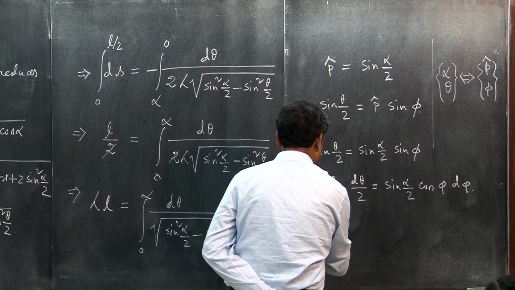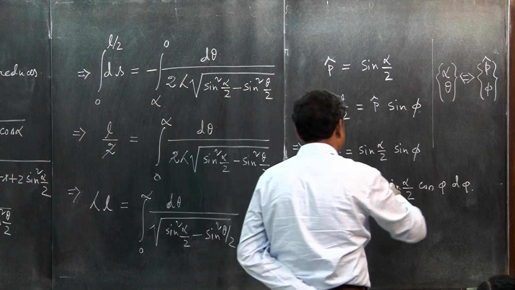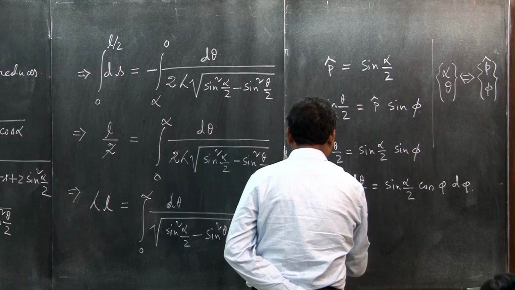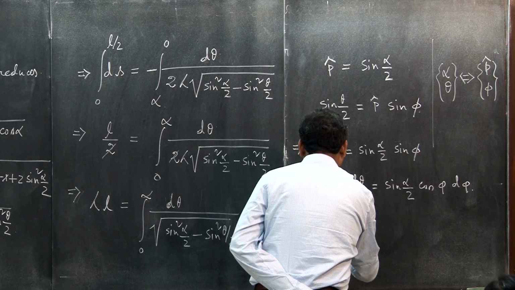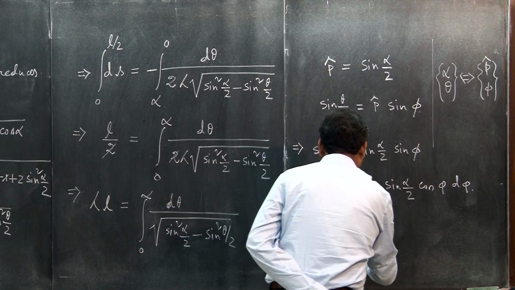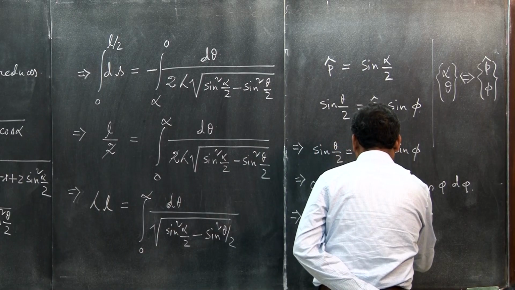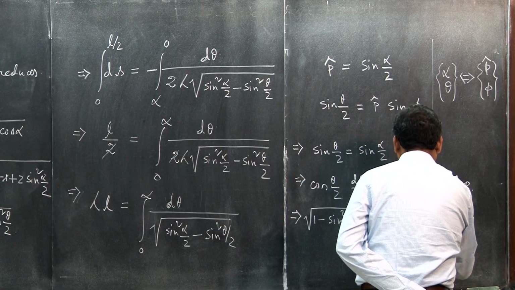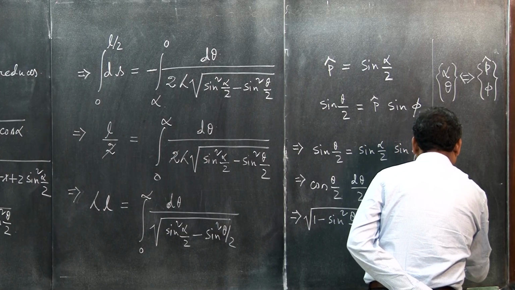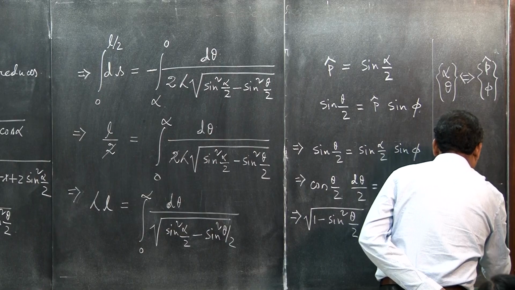Here cos phi is root 1 minus sin square theta by 2, and d theta by 2 is sin alpha by 2 cos phi d phi.